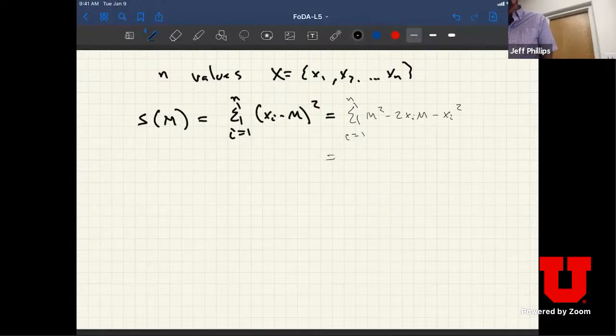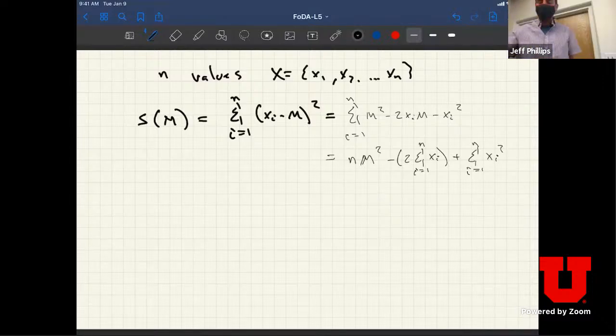And this I can write as, if I push the sum through, n times m squared, because there are n terms, minus 2 times the sum of xi times m, plus the sum of xi squared.